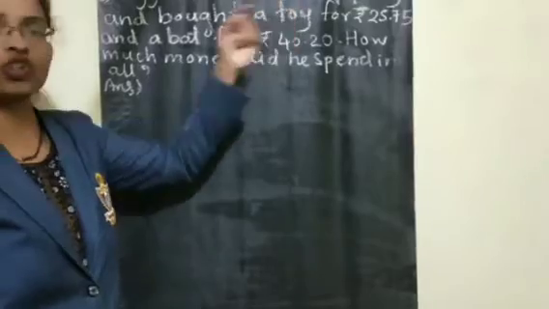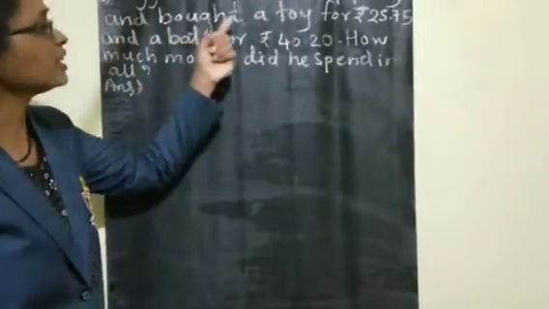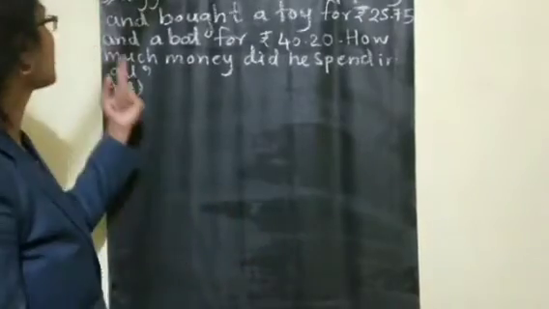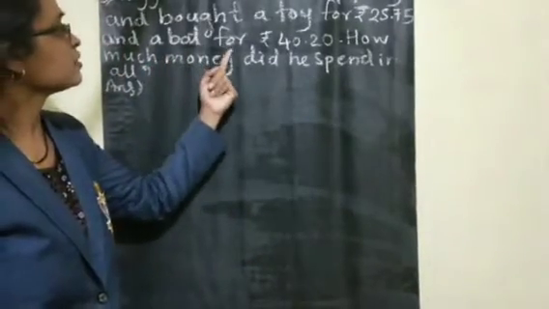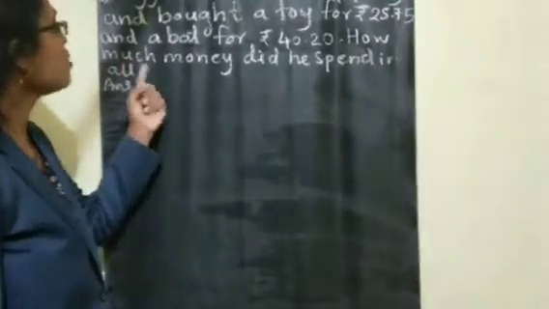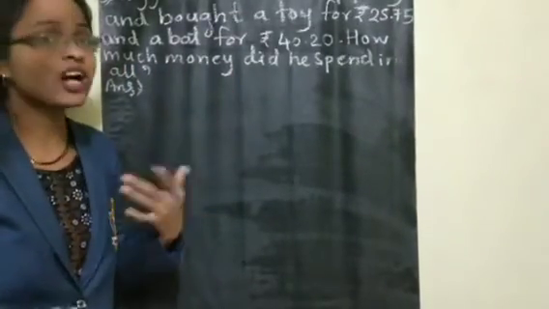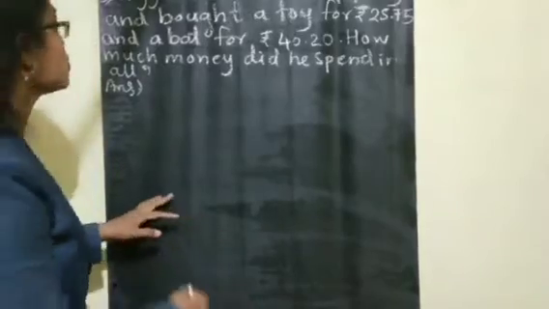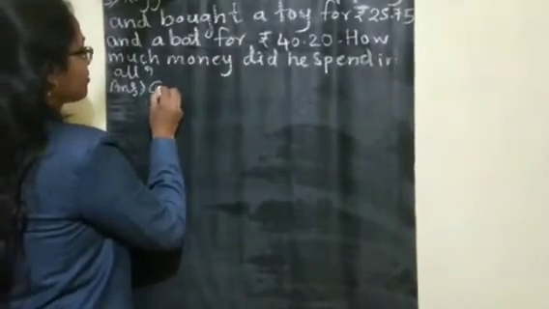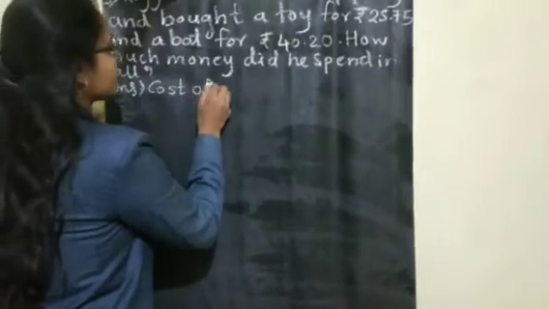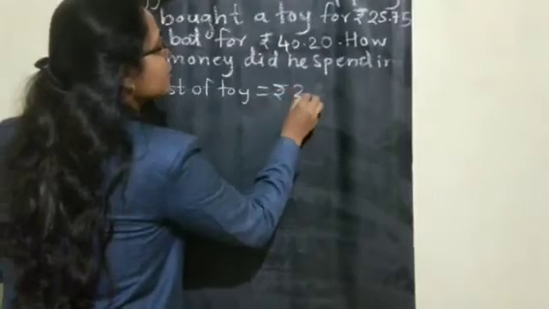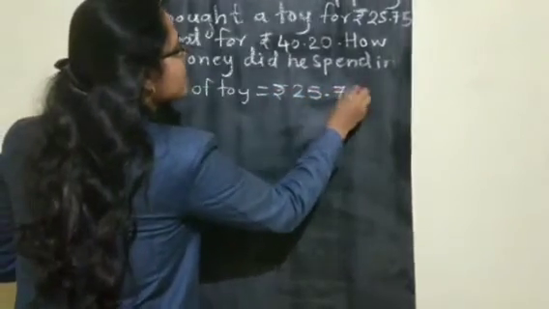Now children, let us take the third example. Roger went for shopping and bought a toy for rupees 25.75 and a bat for rupees 40.20. How much money did he spend altogether? So first write cost of toy is equal to rupees 25.75.